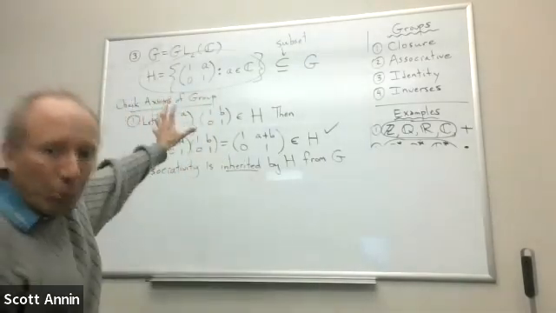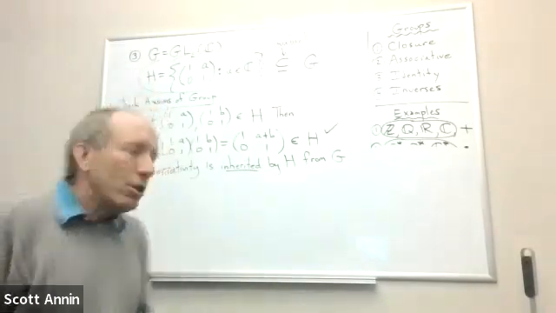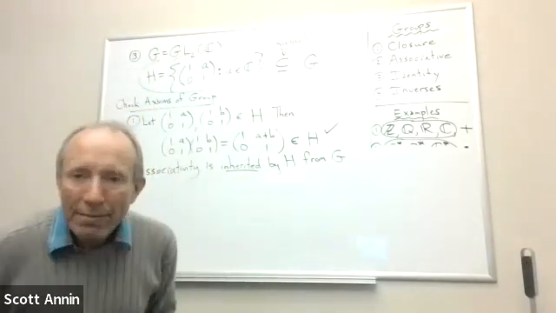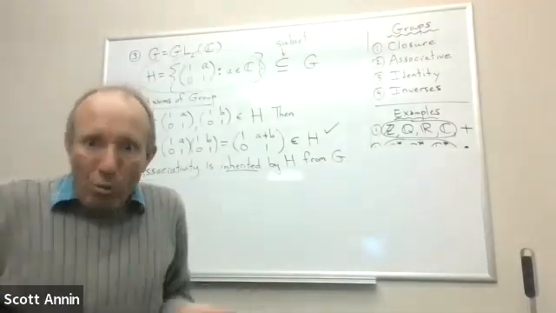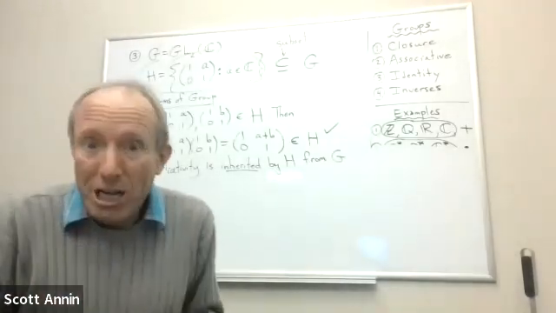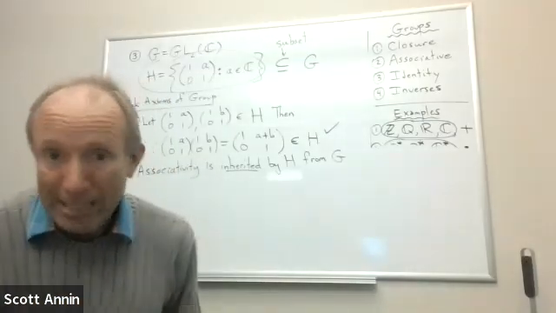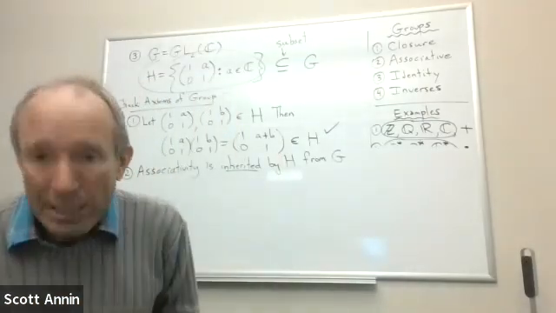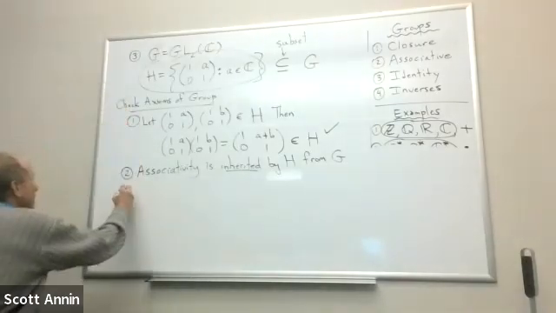The closure is important. That's not so obvious from the outset. But associativity, we don't have to check, because G is already associative and all we're doing is working inside of G. So everything inside of G, even if it's inside of H too, is associative. But we get away without having to do that.